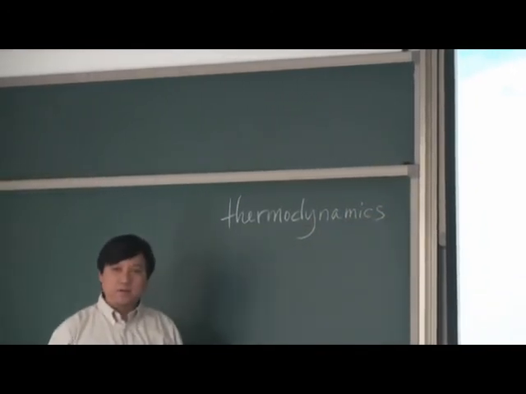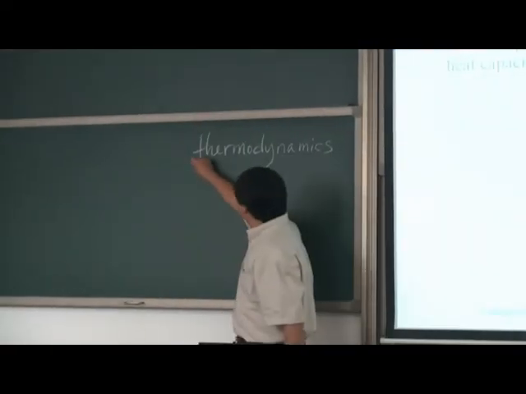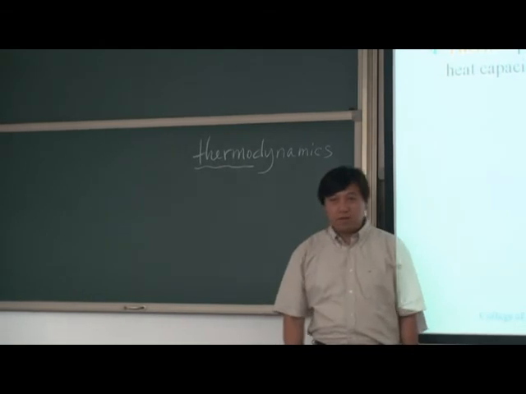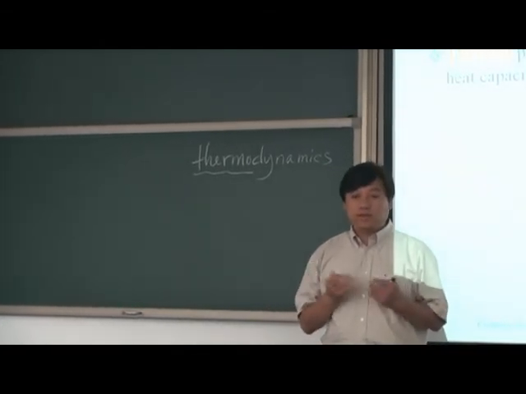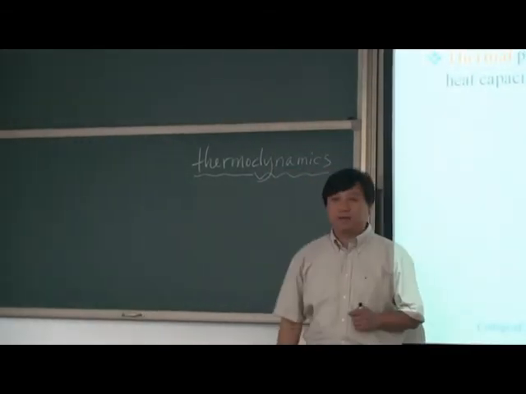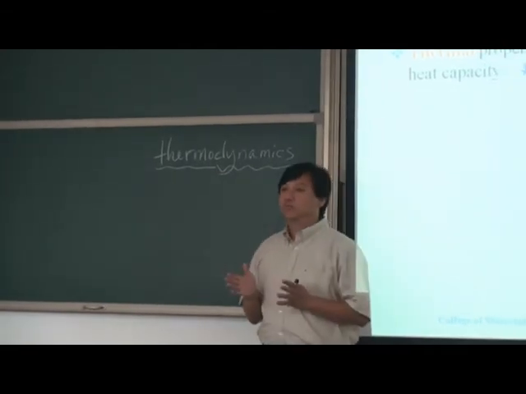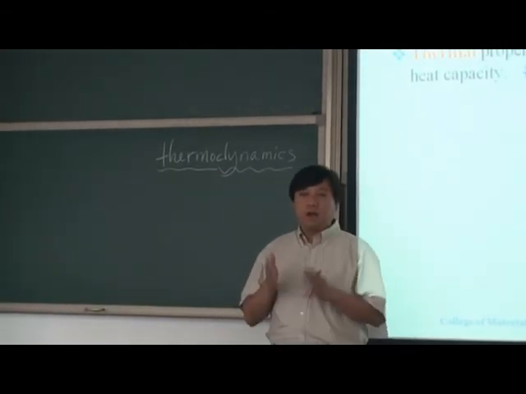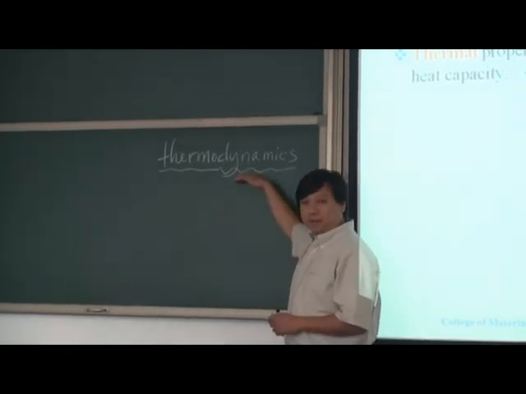What does this mean? Thermodynamics. What is this? Thermal. Must be something related to heat, right? Then, what is dynamic? Dynamic means something related to motion of an object. Okay? If you move an object, it is dynamic.